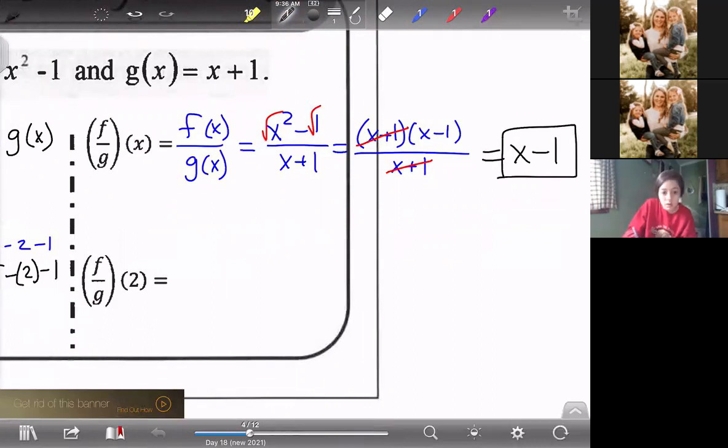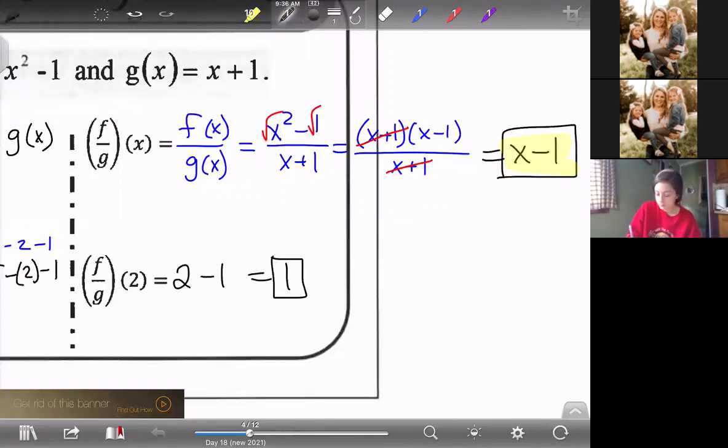So for the question on the bottom, we're being asked to find f divided by g of 2. So they've taken that x out and they've replaced it with 2. Since we've already simplified f divided by g, we can actually just go up here to our previous answer and plug that 2 in. So technically, we could just take 2 minus 1 to get 1 as our answer.